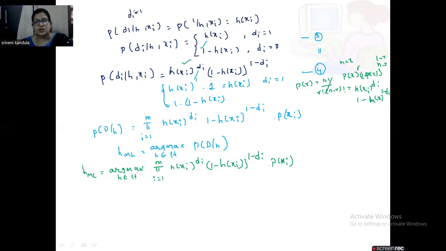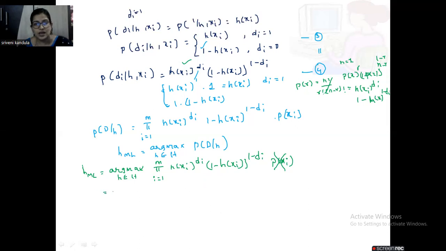Now from this equation, if you observe this P of xi, the probability of picking xi randomly, each and every instance has an equal chance of being picked. So this value will be the same and it will be a constant value. So let us ignore this particular term and only take this particular part.